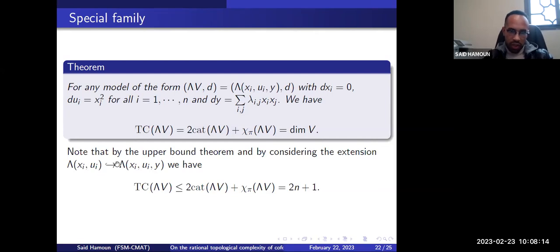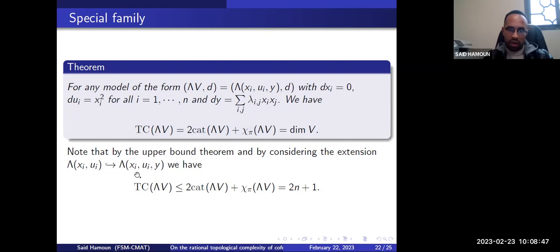For the first inequality, it holds by considering this extension, and here we take lambda Z to be the algebra lambda xi, ui, which is here F0, because it is elliptic, and the number of generators of even degree is as much as the number of generators of odd degree.